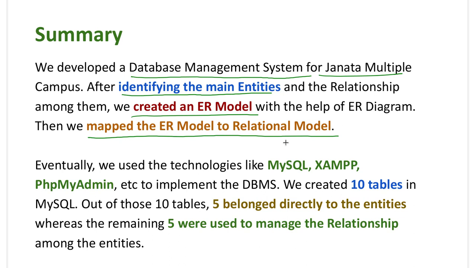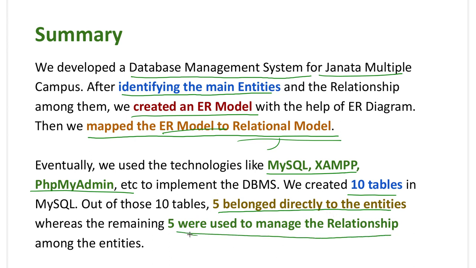This is our first step, and eventually we used technologies like MySQL, XAMPP, and PHPMyAdmin to implement the actual DBMS, where we created 10 different tables in MySQL based on the relational model derived from the ER model. 5 belong to the entities, and 5 were for managing the relationships among the entities.